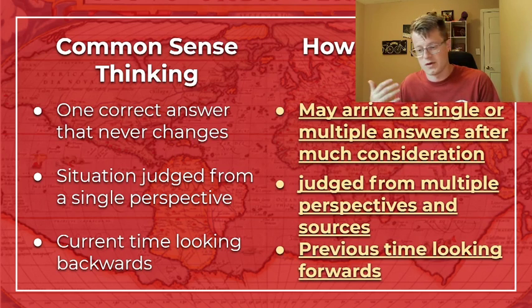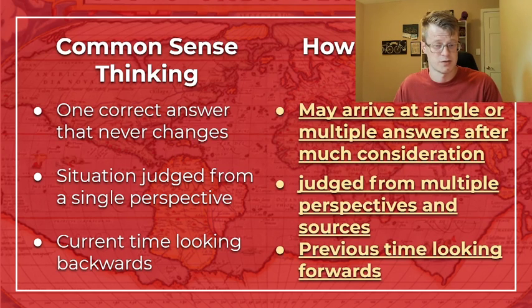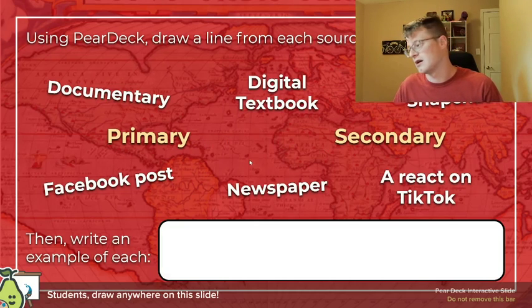That's why we use multiple sources, multiple perspectives, and lots of lenses into things. We also avoid that hindsight issue of current time looking backwards, and instead we can use history to tell us how we should think about current events, right? So we can actually learn from it and make some good choices.